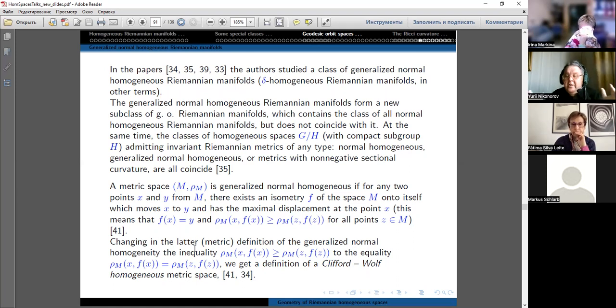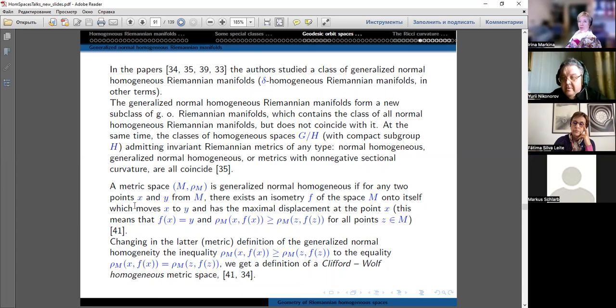Okay. If we consider, say, a two-dimensional round sphere, and take any points x and y, and consider the equator, and rotate this sphere around an axis, then we can move point x to point y with the maximal displacement.